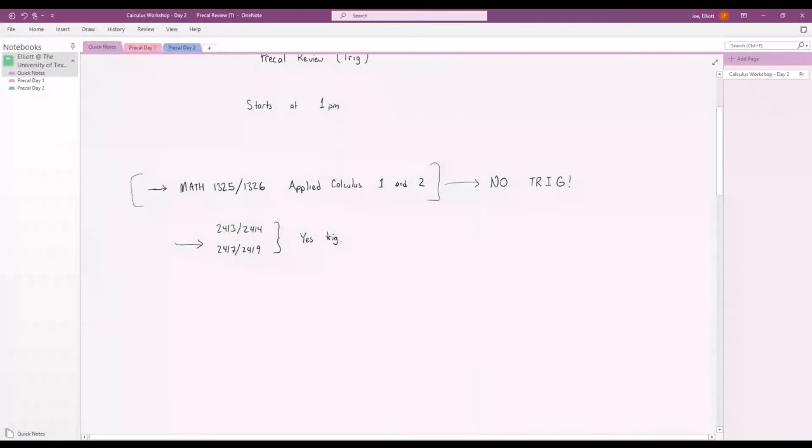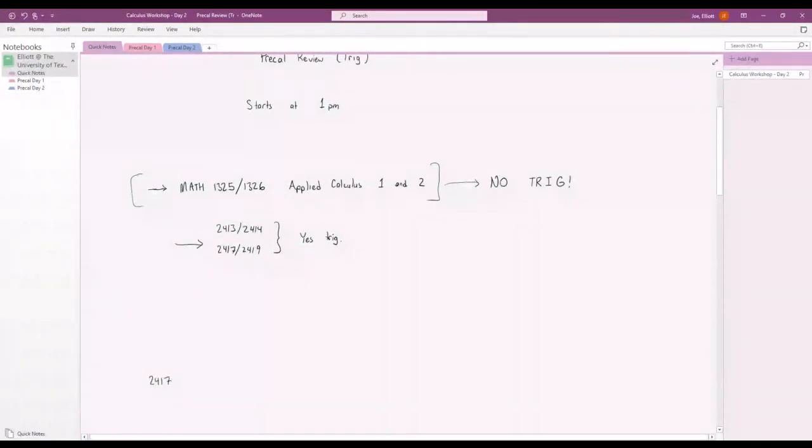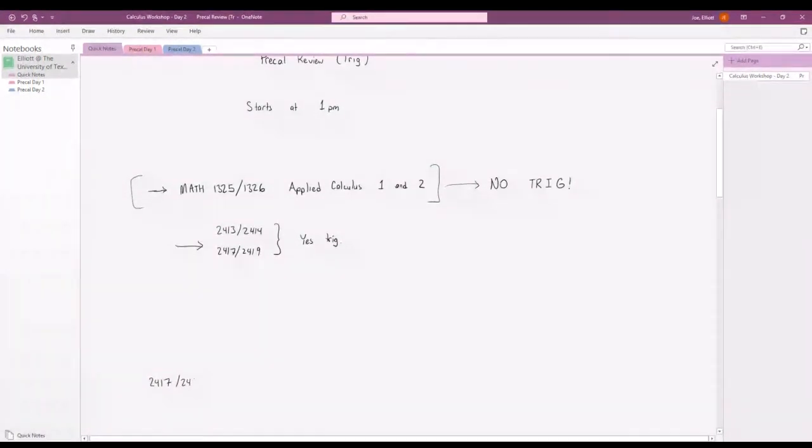Okay. For the other two sequences, 2413, 2414, 2417, 2419. So this sequence compared to this sequence.